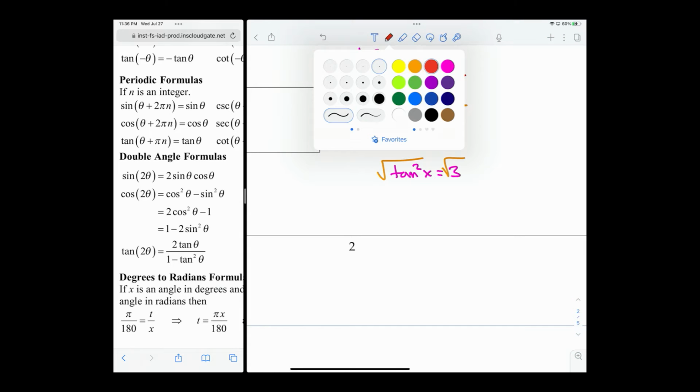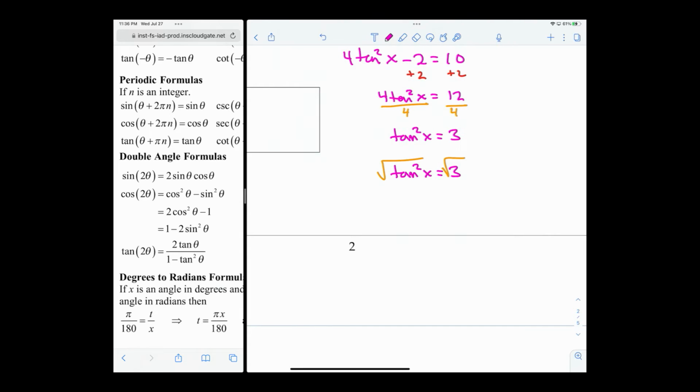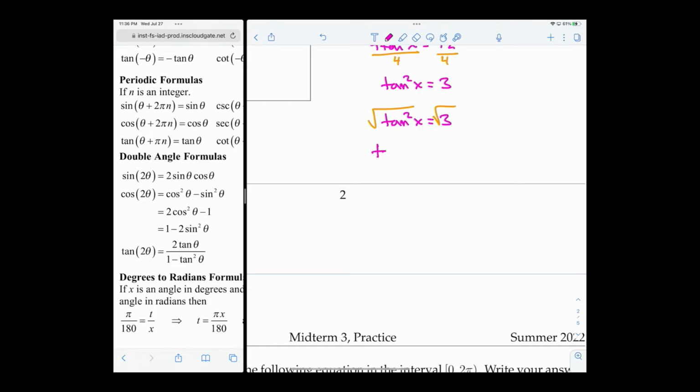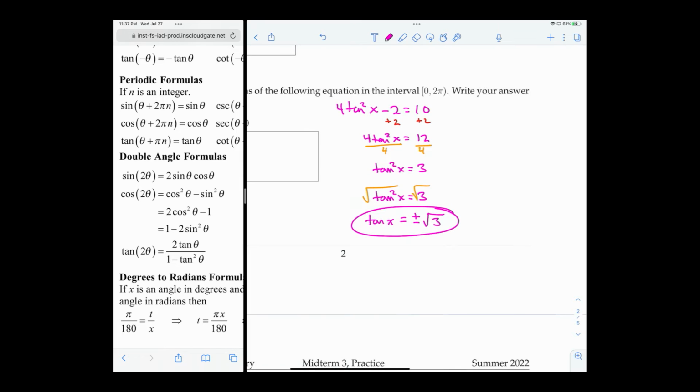But when you square root, you end up having to pick up a plus or minus. So you get tangent x is plus or minus square root 3.